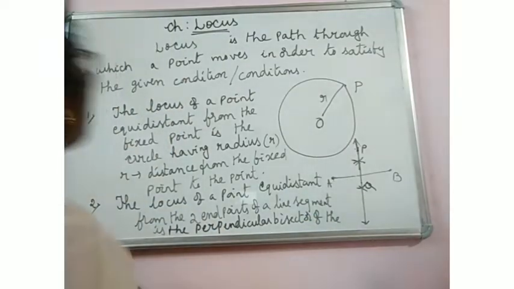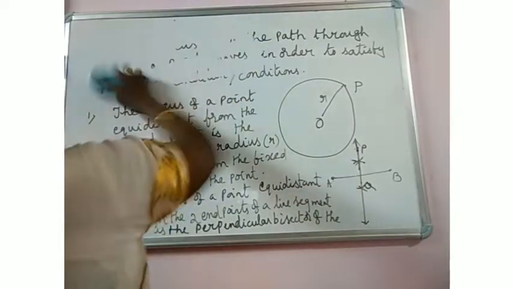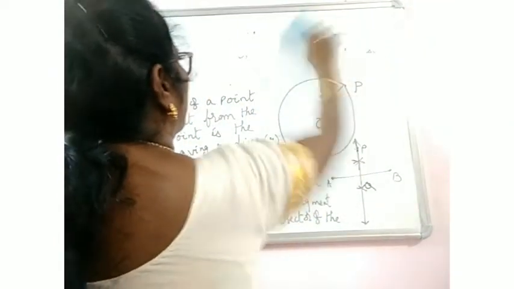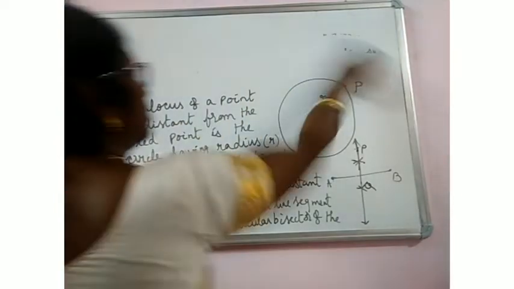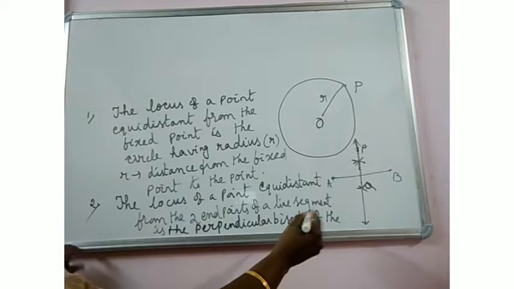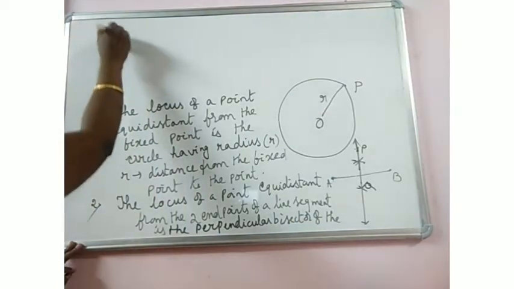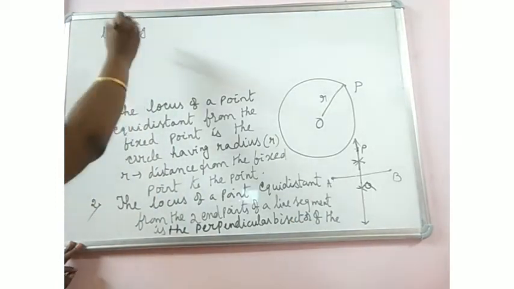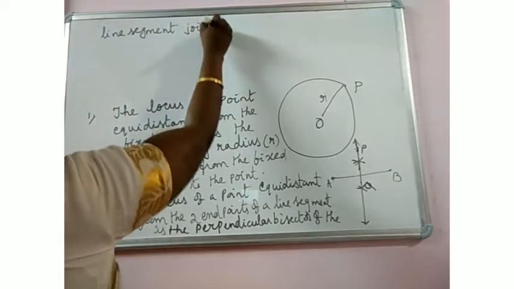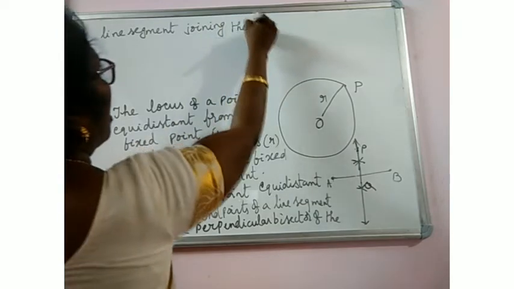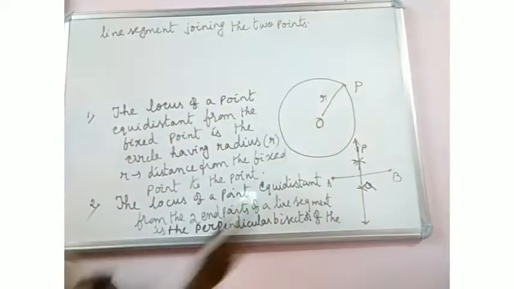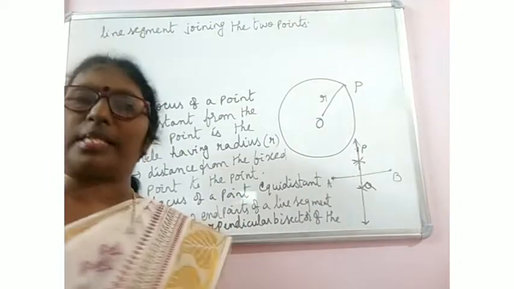Let me write at the top. The perpendicular bisector of the line segment joining the 2 points, that is joining those two endpoints.